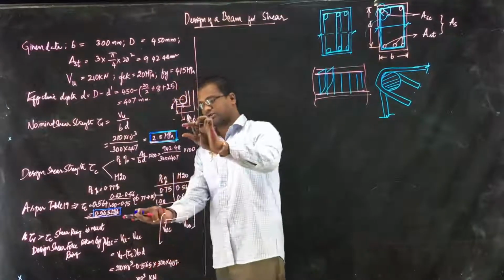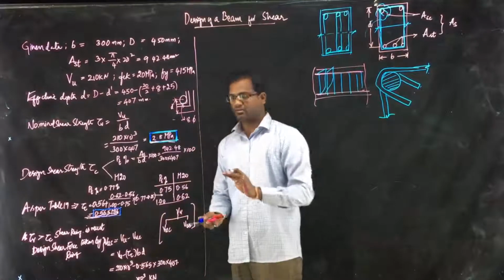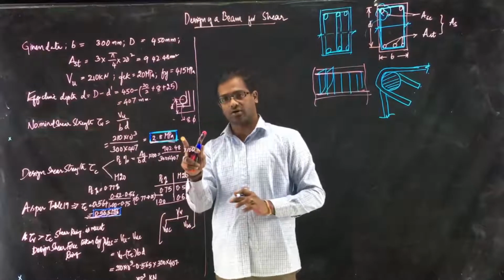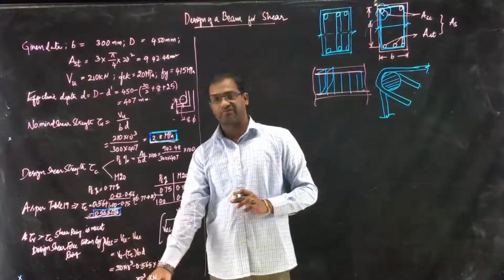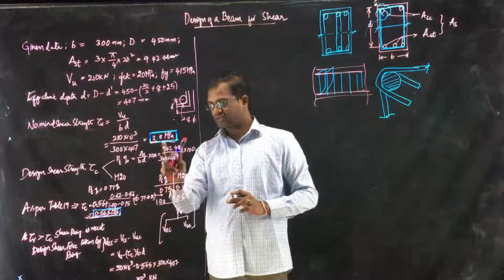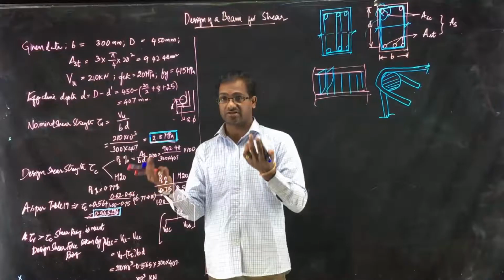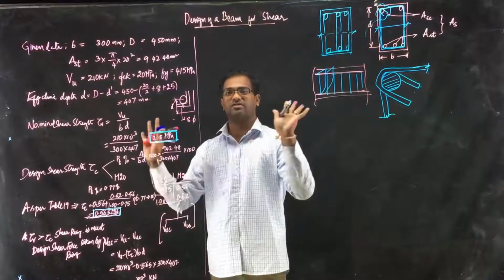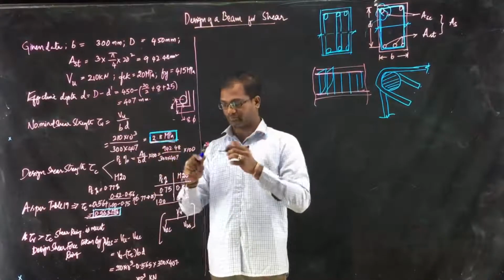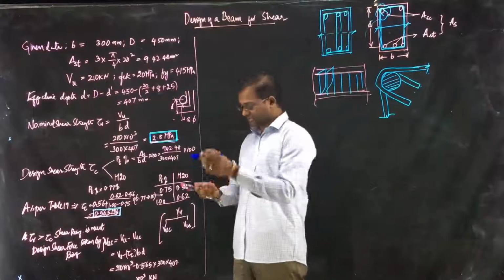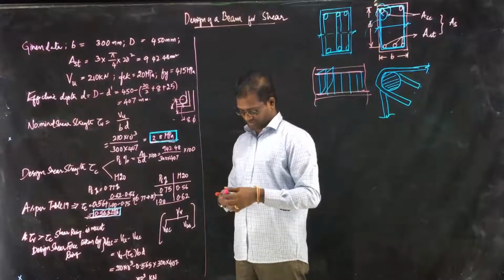Then you are supposed to compare them. If this is more, then you have to design the reinforcement. If this is very less, then shear reinforcement is not at all required. Nominal shear reinforcement is enough. So what is this design shear reinforcement?